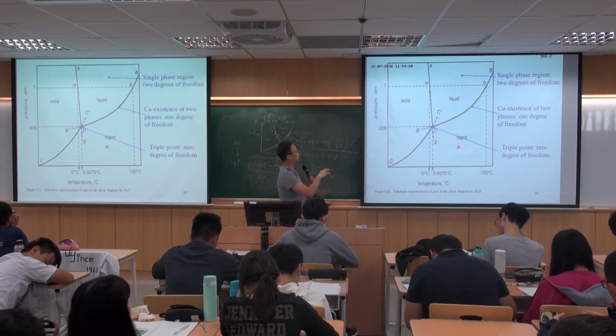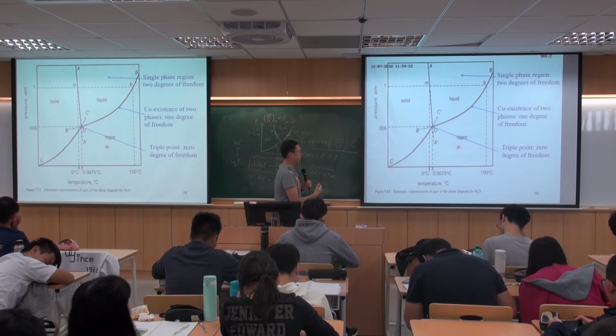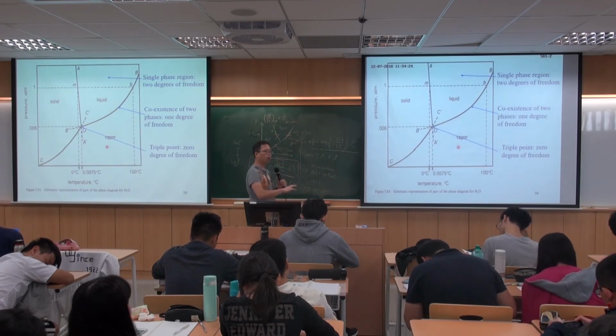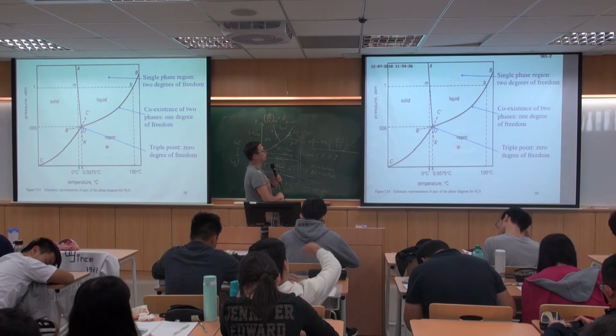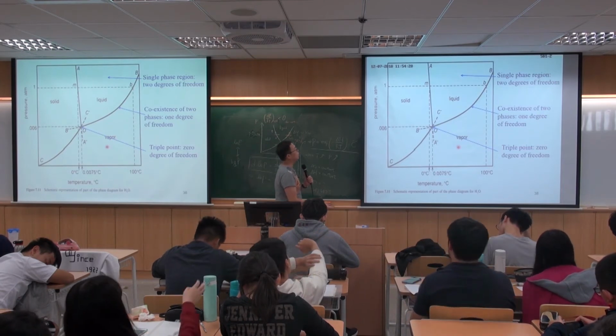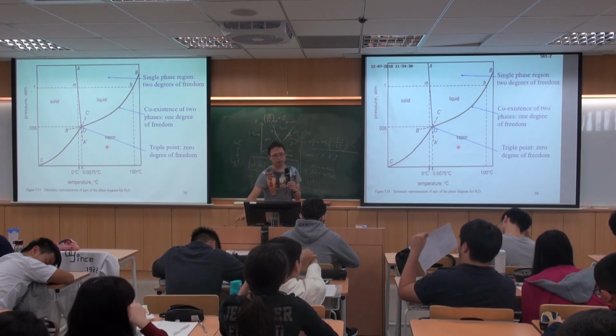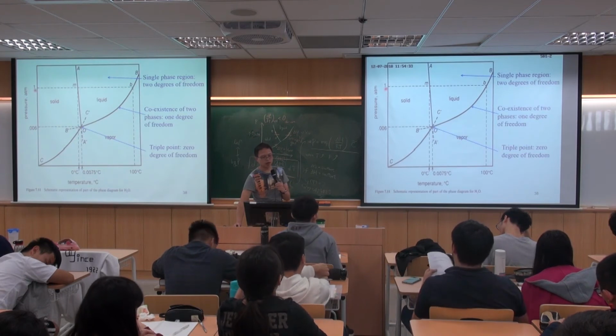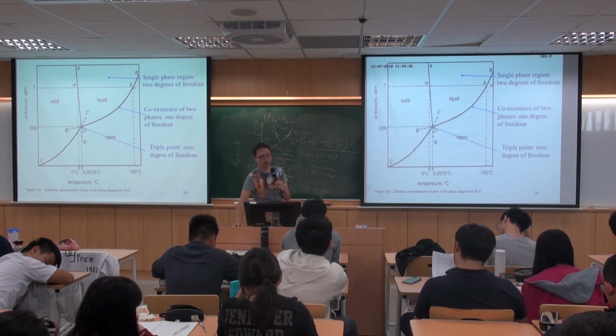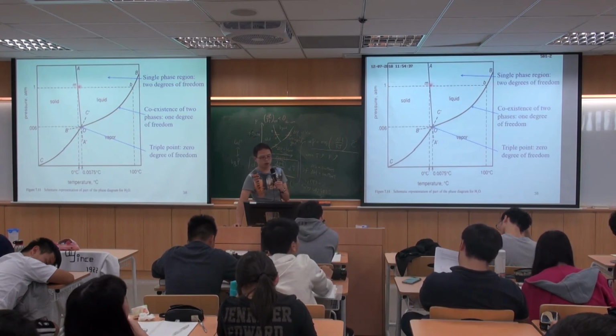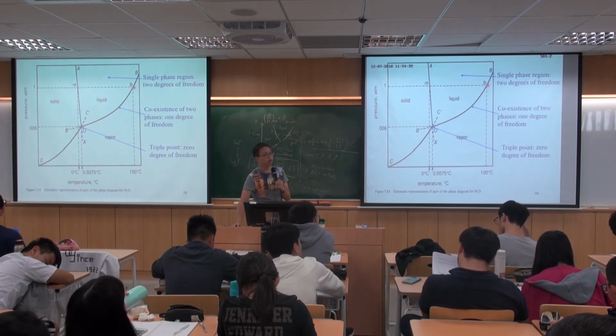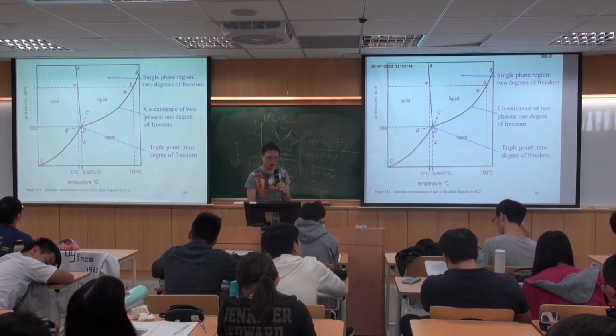You can have ice, liquid water, and water vapor coexist at the same time. But of course, that's not in the normal condition. Normal condition means that you're at 1 atmospheric pressure, and it's either at 0 degrees Celsius or 100 degrees Celsius that you can have coexistence of phases.